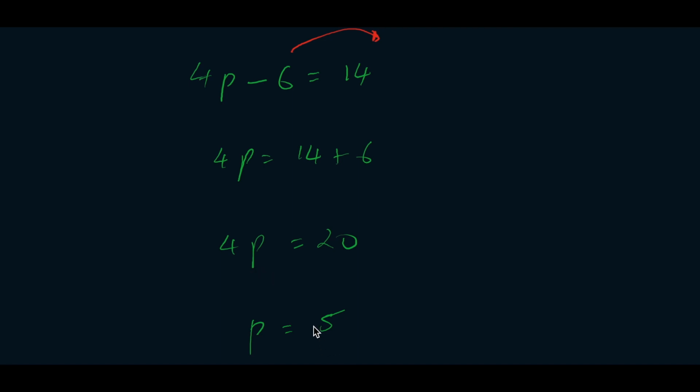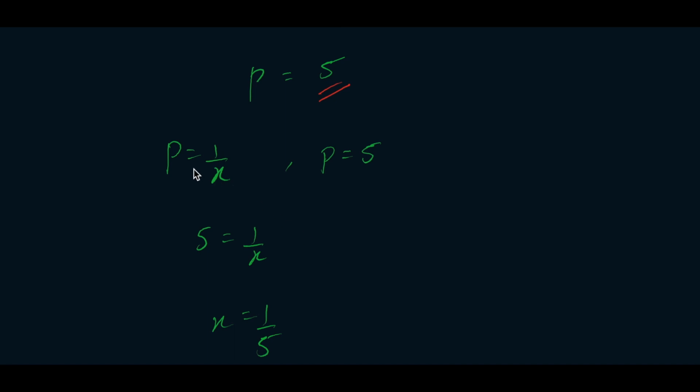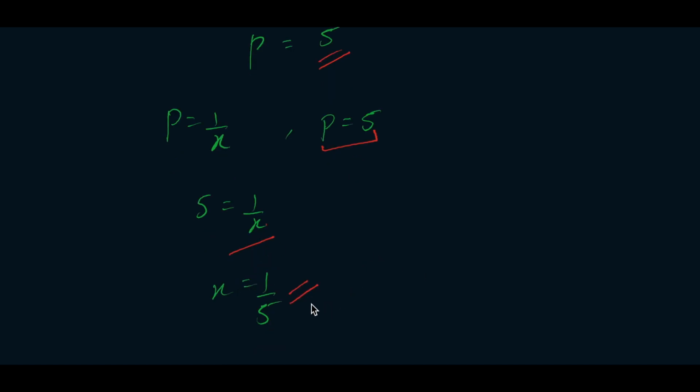So the value of p comes out to be 20 by 4, that is 5. So the value of p was 1 by x and p value is 5. So 1 by x is equal to 5. So the value of x is 1 by 5 and we know the value of y, that is minus 2. So our final answer is x equals 1 by 5 and y equals minus 2.